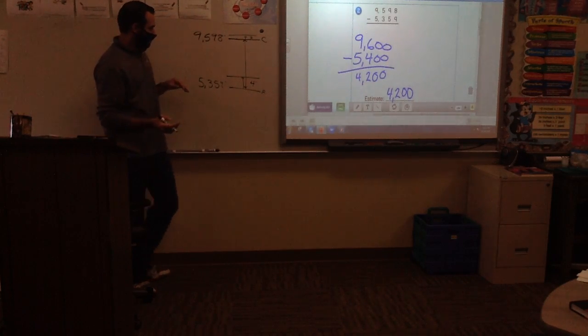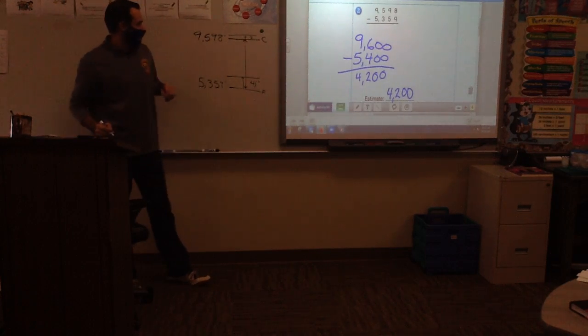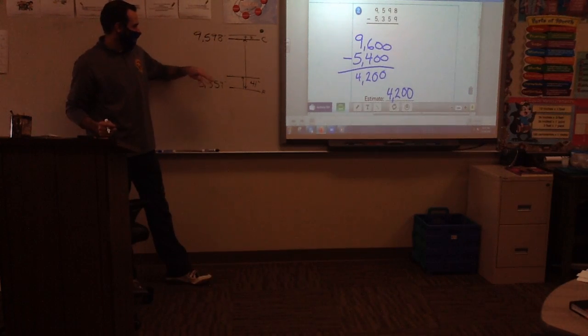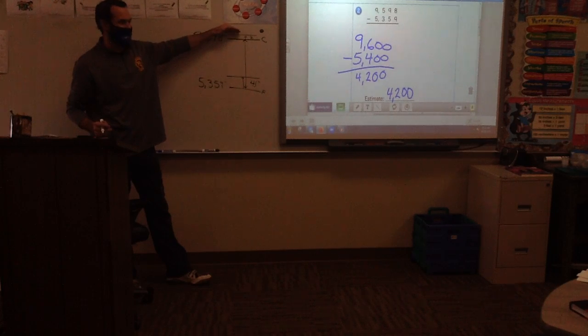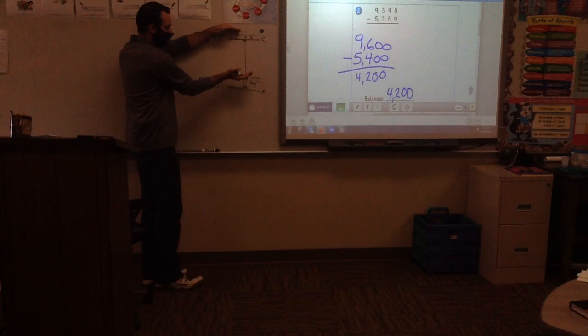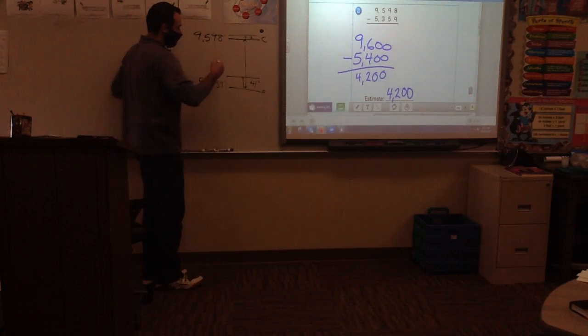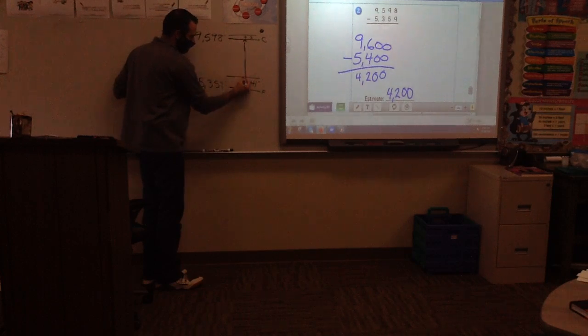So in reality, the ceiling got higher by 2, but the floor got higher by 41. So we got the blue distance, which is our original.